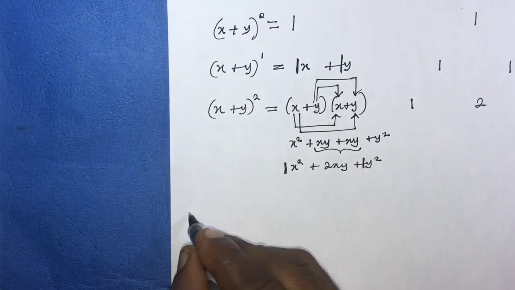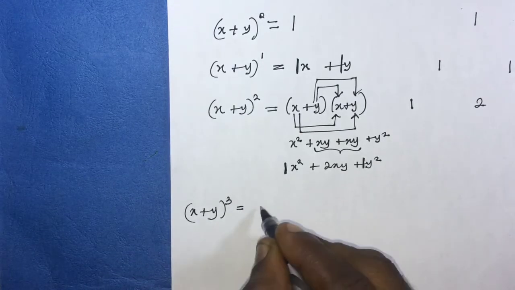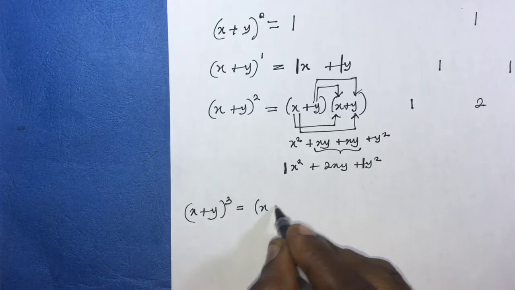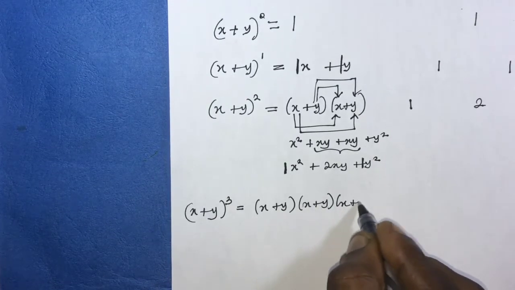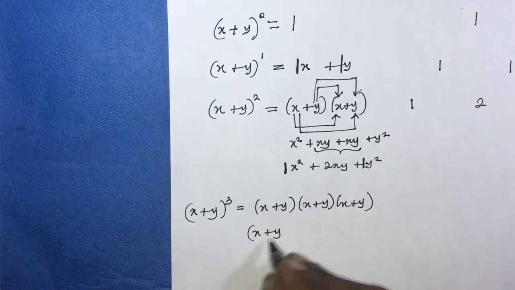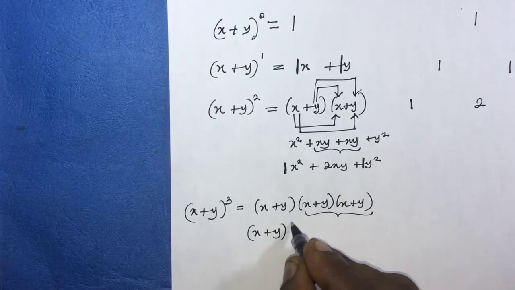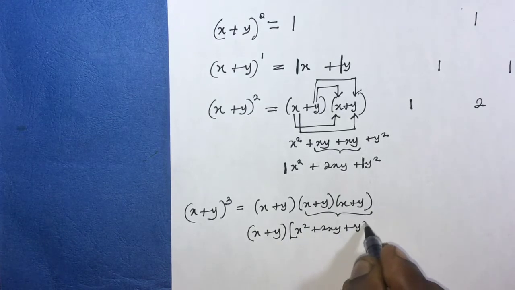If you had expanded x plus y raised to power 3, you would notice this would have given you x plus y times x plus y times x plus y. And this would simplify to x plus y times the product of the first two, which is x squared plus 2xy plus y squared.